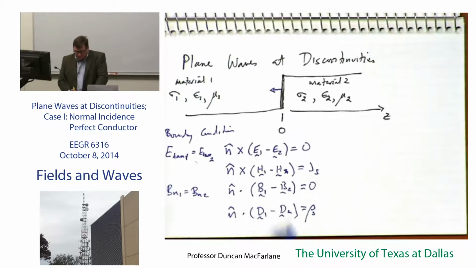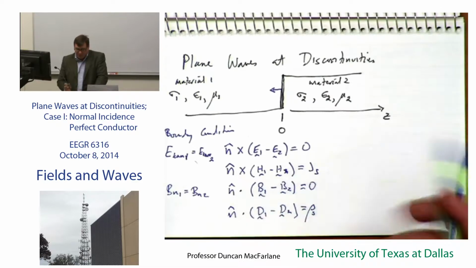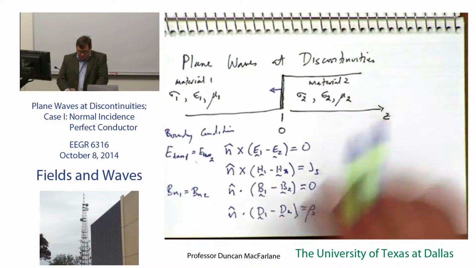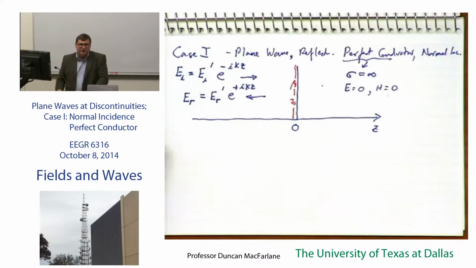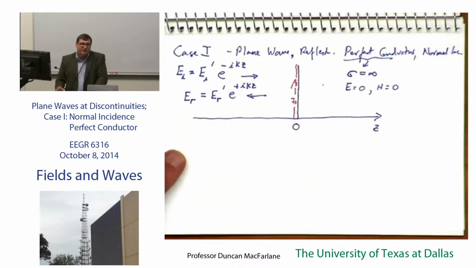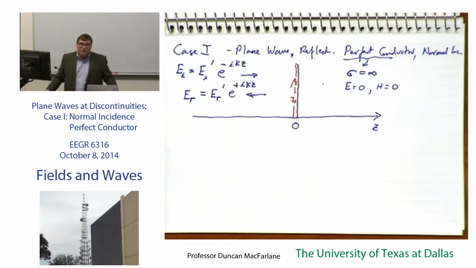Here's what happens with the normal component of the electric field. There's an epsilon 1 in there, but that's not really even a big problem here. Is there a normal component to the electric field here? The normal component is pointing out in this direction. Is there a normal component to that electric field? No. Why not?